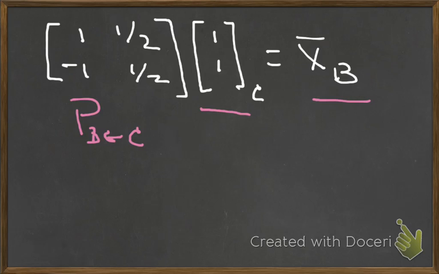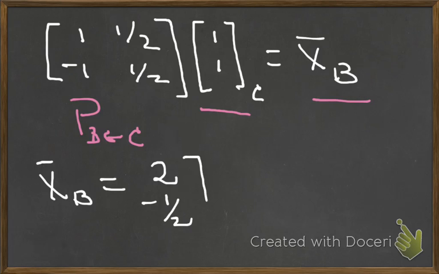The first component of x in B will be 1 plus a half, or 2. And the second component will be -1 plus 1/2, which is -1/2.